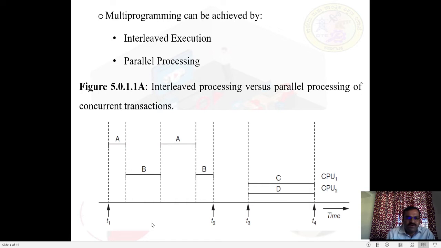Only one process is executing at a time, but it looks like both the processes are running concurrently. But in parallel processing, process C is running on CPU1, process D is running on CPU2. This is called parallel processing.